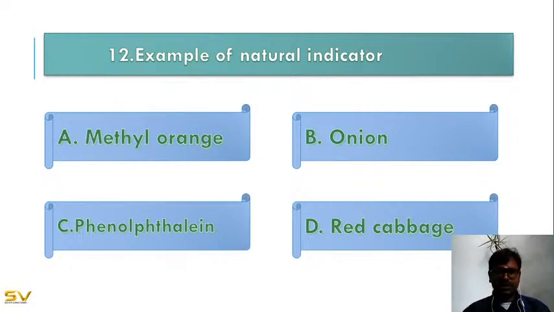Natural indicators are those which we can get from nature itself, whereas synthetic ones are man-made or artificial, prepared by us. In this, which is a natural indicator? Methyl orange, onion, phenolphthalein, red cabbage. You need to check once before answering.